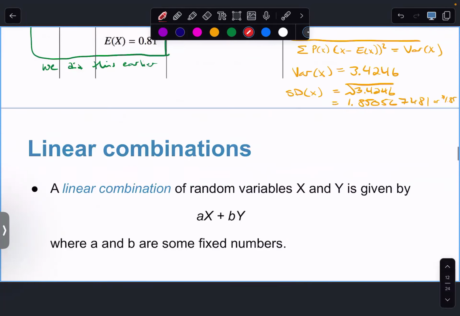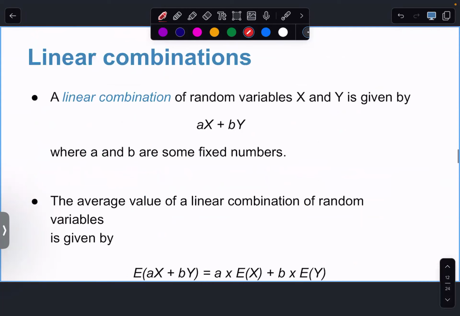Let's talk linear combinations. As we just saw, these aren't on our formula sheet, right? And so they're more for, I think there's a couple of assignment questions where you have to use the linear combinations formulas, and I should have them on the formula sheet, but I'm not going to test you on it.